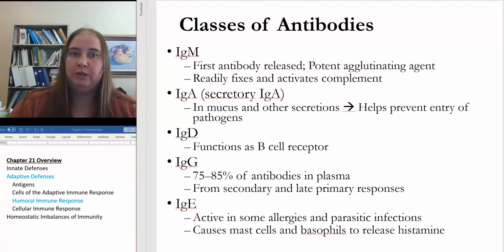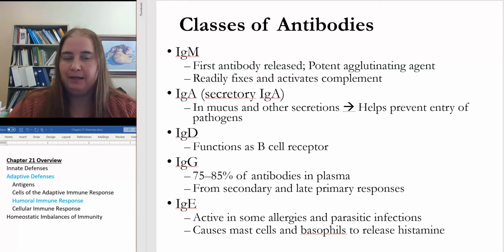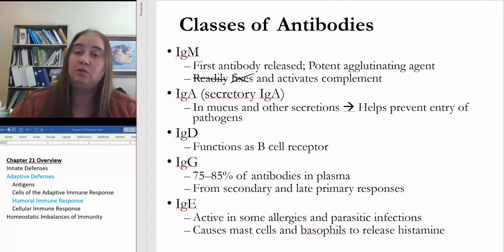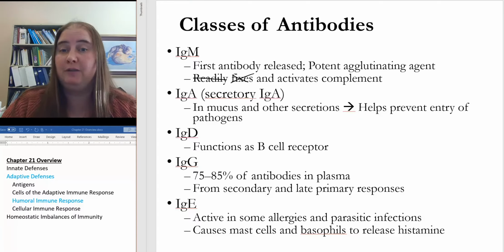They're really good at agglutinating, and we'll talk about that on the next few slides. And they're going to essentially activate complement. Don't worry about the word "fixes" here; I think it kind of throws students off. But essentially it activates the complement system, that system that's part of the antimicrobial system, part of the innate defenses.